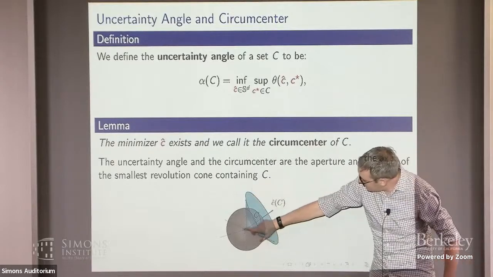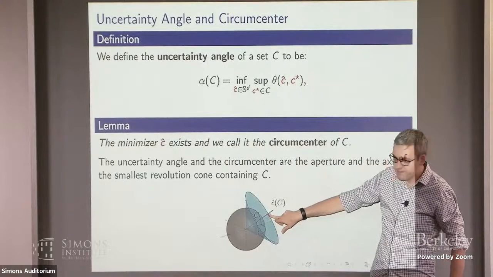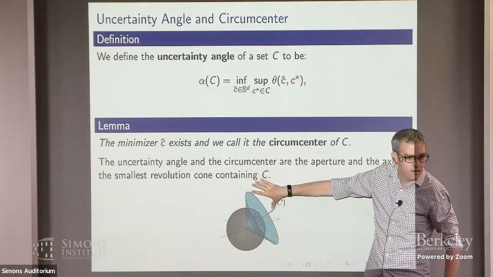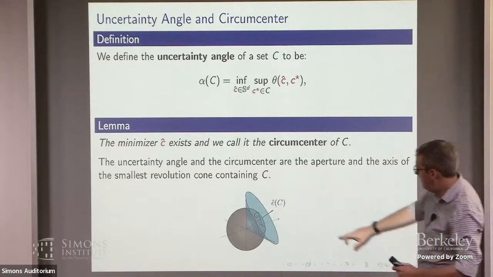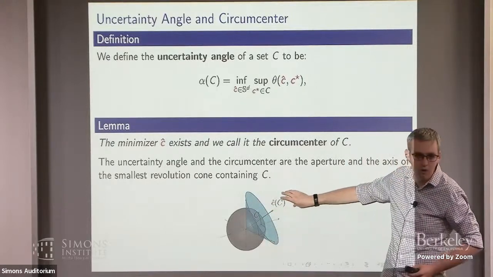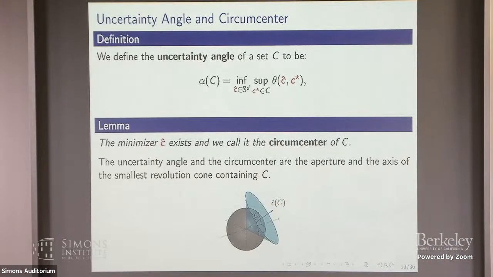And the axis of this cone is going to be my circumcenter, and the angle here is my uncertainty angle. So what is this notion saying? That if I have a data set, and if I can fit it within a small cone, I can do pretty well. If I have to fit it in a large cone, I'm going to do pretty badly.